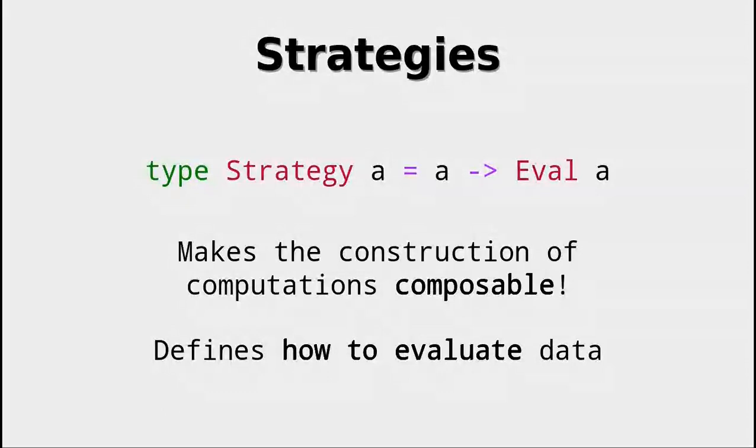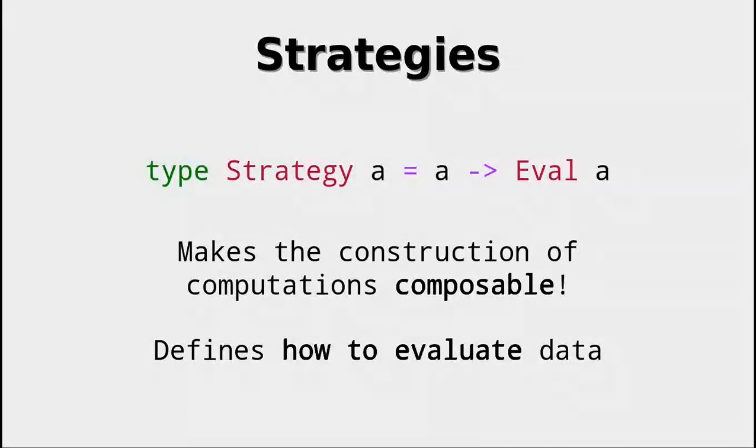And not only that, we can make interleaving Evals and all of that stuff. Really cool stuff. And the nice thing is that since a strategy should not be evaluated right away, it's just a, huge function sometimes, it defines how to evaluate data, but it does not define the data itself. So we could define a strategy and then just later apply it to some data.